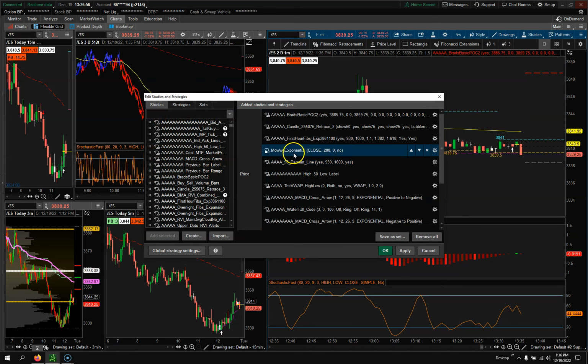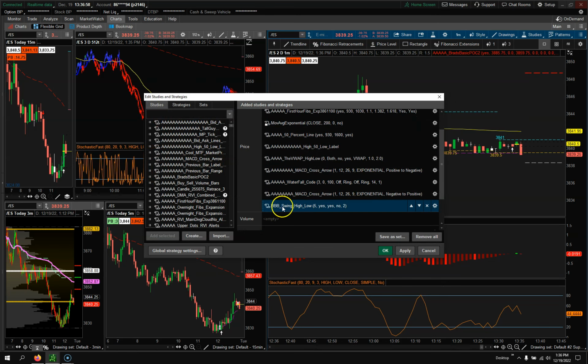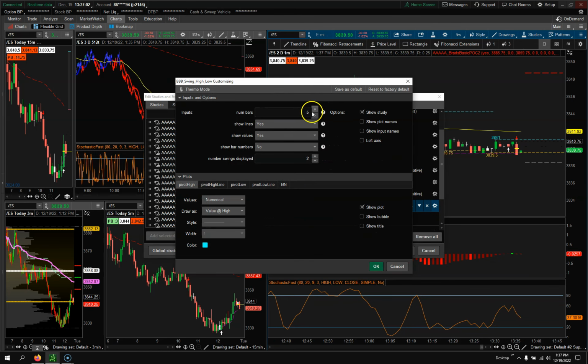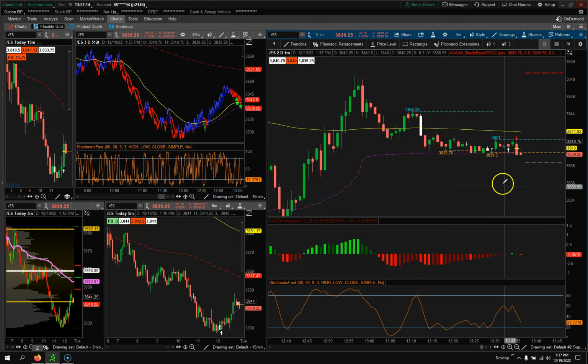It's going to be this swing high / low. If you want 5 bars back, or 10, 15, play around with it. For number of swings displayed, I have 2. I don't want to put too much stuff on the chart, so I only see the last 2.